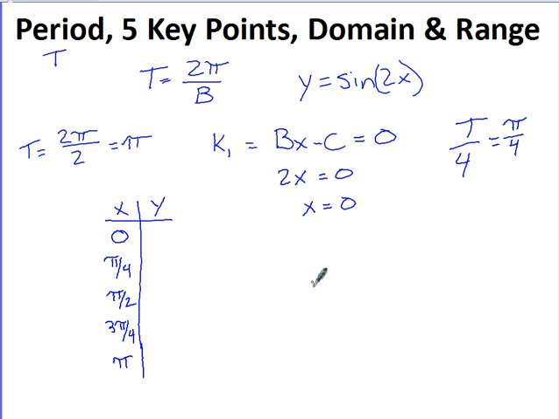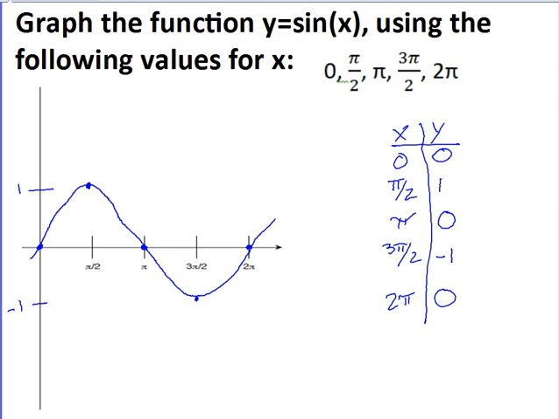We picked different x values for this graph than for the other ones that we used, because I picked x values that are equally spread out over one cycle. When you do that, you can use the same pattern of y values every time. From the parent function, remember it was 0, 1, 0, negative 1, 0, that pattern is going to hold true.